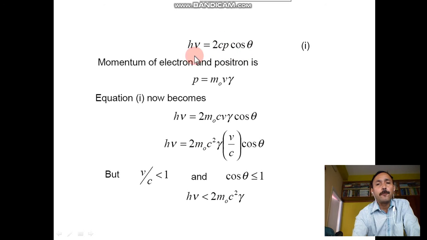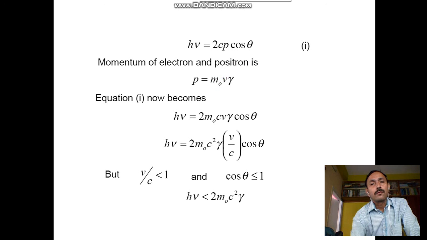Now the momentum of the electron and positron is p. P is equal to m into v. M we are changing to m naught over root of 1 minus v square by c square. So 1 by root of 1 minus v square by c square we are writing as gamma. So p is m naught v gamma.